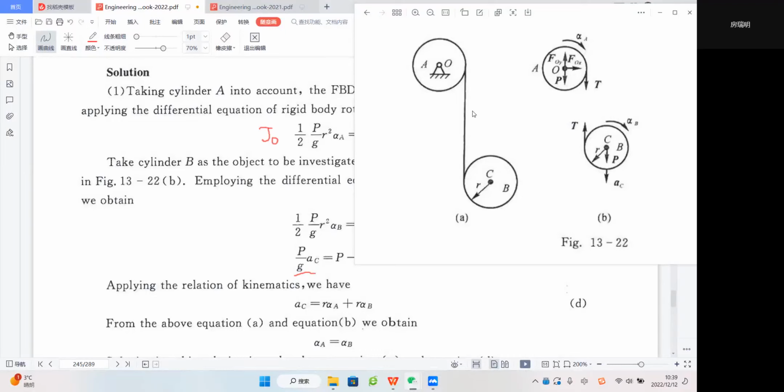Because this wheel rotates along this direction, this wheel will move downward with its velocity v equal to omega times r, right? And the second, after some time, it moves from one position to another position. Then this string will stop here.